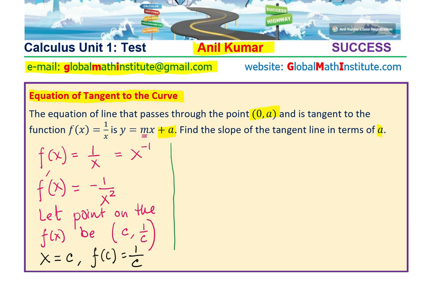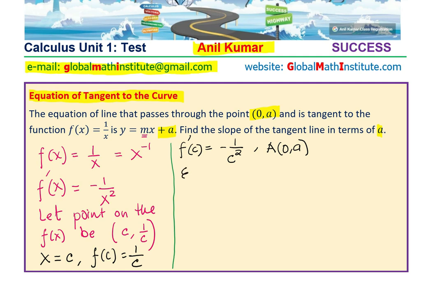We know the slope. So let's find the slope of the function at the point c. Of course, the slope at the point c is going to be minus 1 over c squared. Now that is the slope, and we know that the y-intercept, let's call this point A, is (0, a). So the tangent line goes through the point x equals c and the y-intercept (0, a).